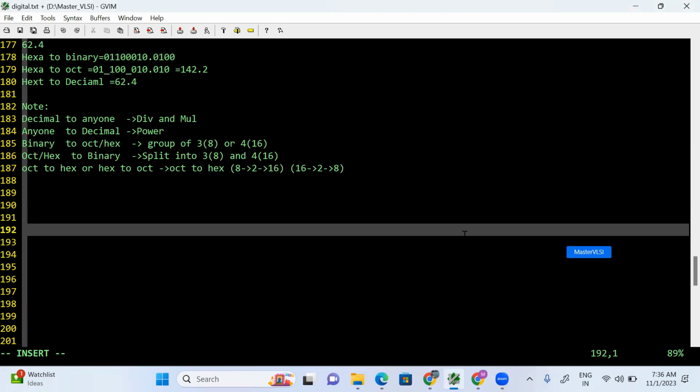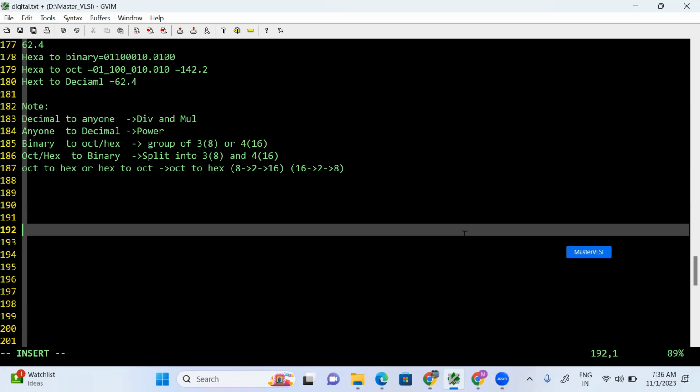Now I wanted to convert decimal to hexa. Division multiplication. Hexa to octa, indirect. Binary to octa, group.